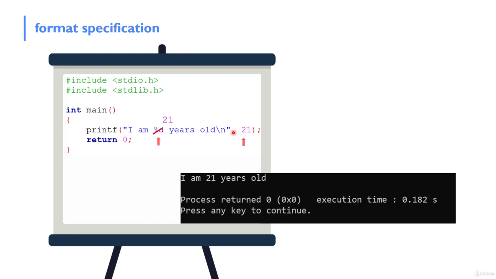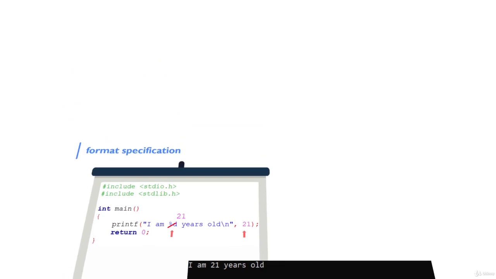Now in the next section, the whole reason why we use the format specification will become much clearer to you, because we are going to study what an input is and how to read an input from the user. And in that section we will also understand the importance of all of this format specification and how it's used. Alright, so now let's take a look at a couple more examples.